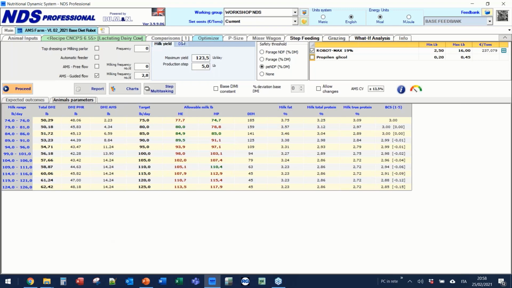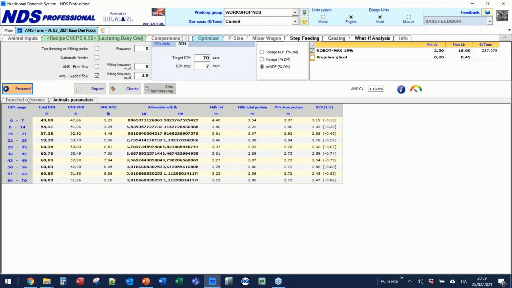For the fresh cow, we use a different perspective. For example, we define the target not in terms of milk yield, but in terms of days in milk, and we want to monitor what happens until 70 days, with a weekly step, using exactly the same constraints.